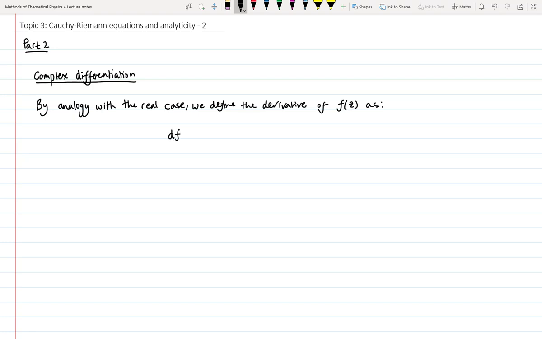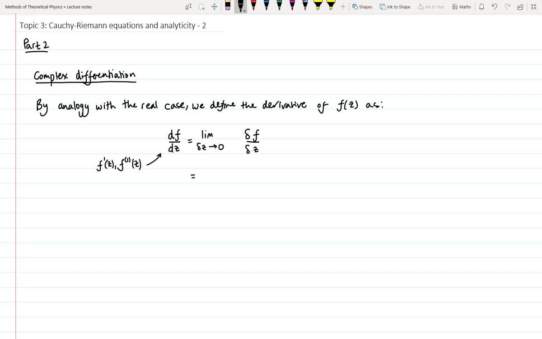We denote it df by dz. We can also use notation like f prime of z or f superscript 1 of z. This is going to be defined as the limit as the change in the complex number z approaches 0 of the variation in the function divided by the change in the input parameter.